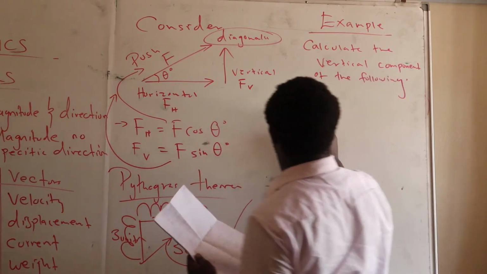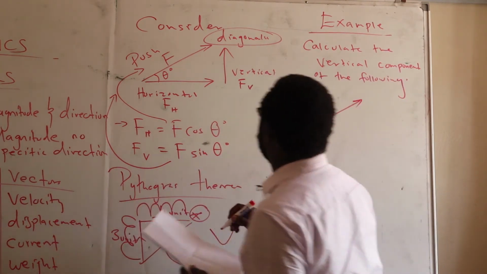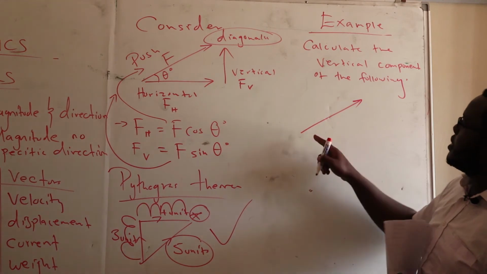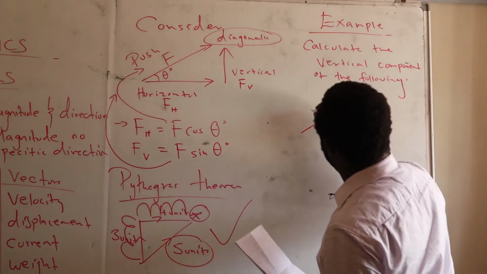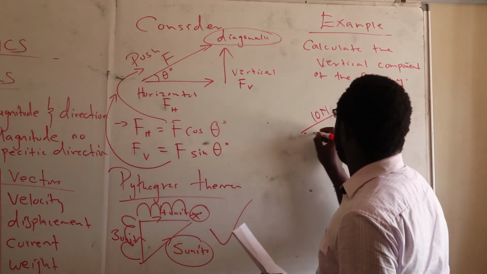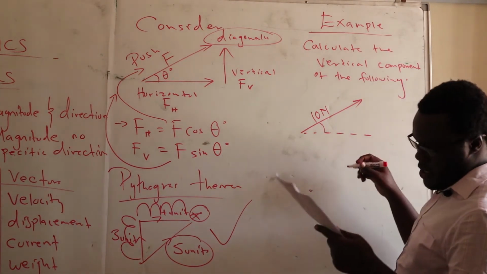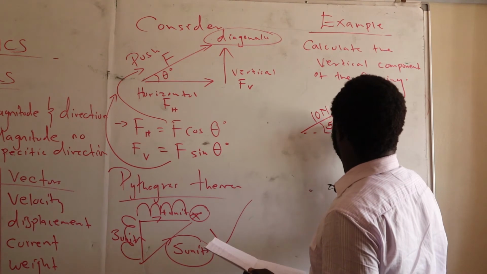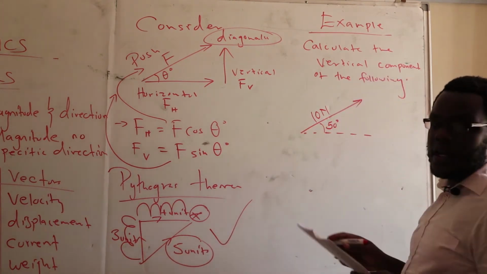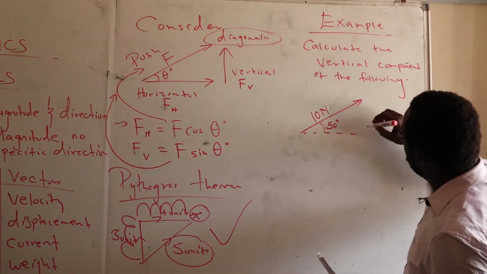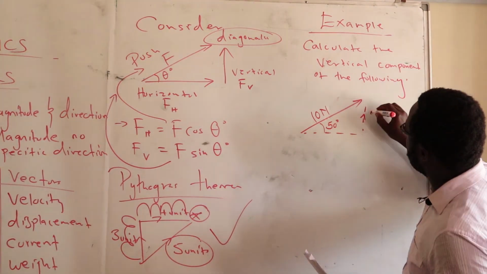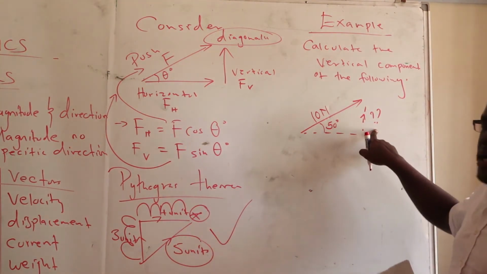And this is what we are given. A push was made diagonally, and the push was 10 newtons, and the angle between that and the ground is 50 degrees. However, you are being asked for the component. This is what you are being asked for.